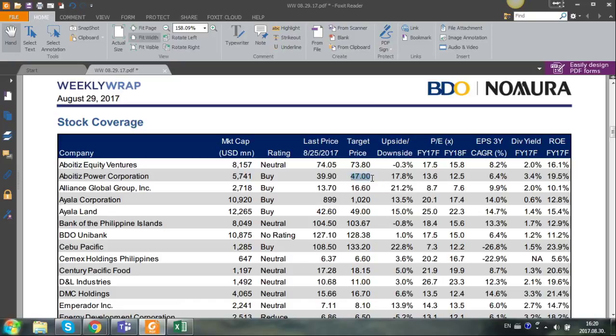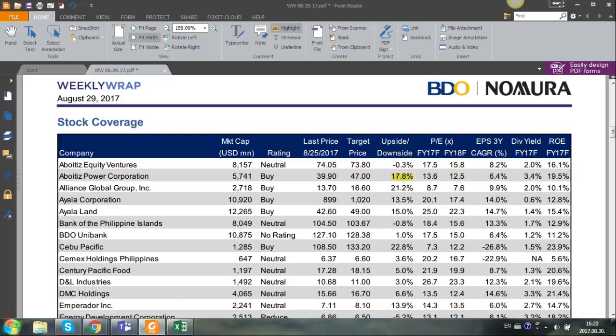Target price is 47. So basically, meron pa tayong 8 pesos or 7 point something pesos na difference compared sa target price. At meron tayong upside na 17.18%, meaning the possibility for us to earn is 17.8% profit.